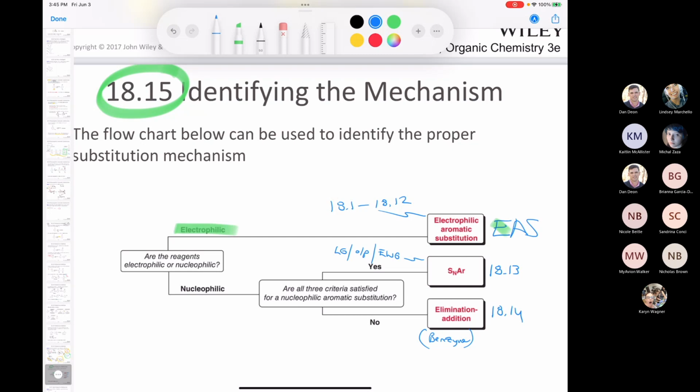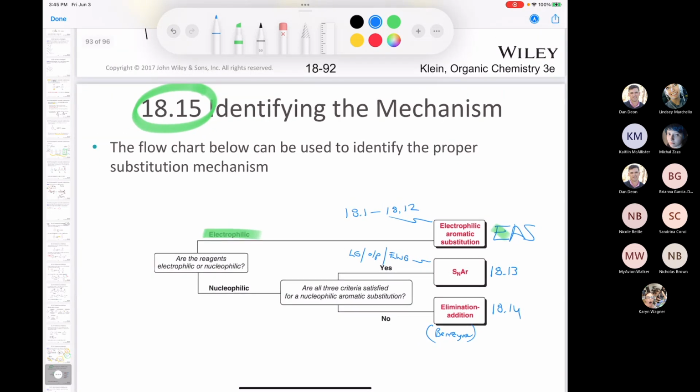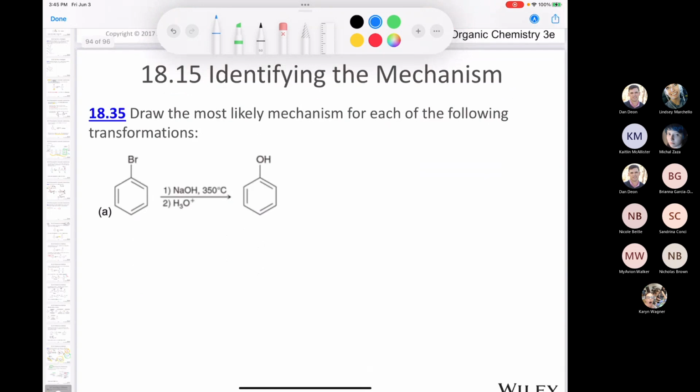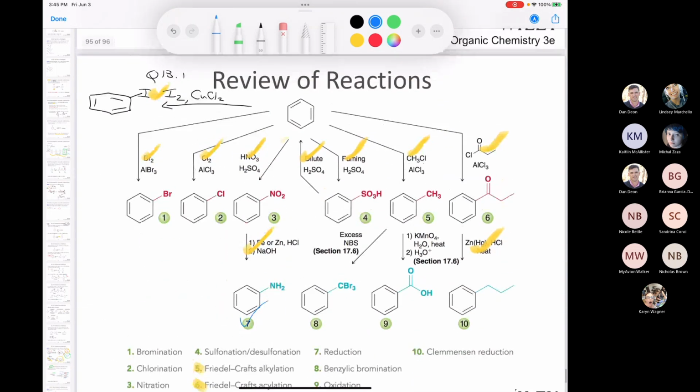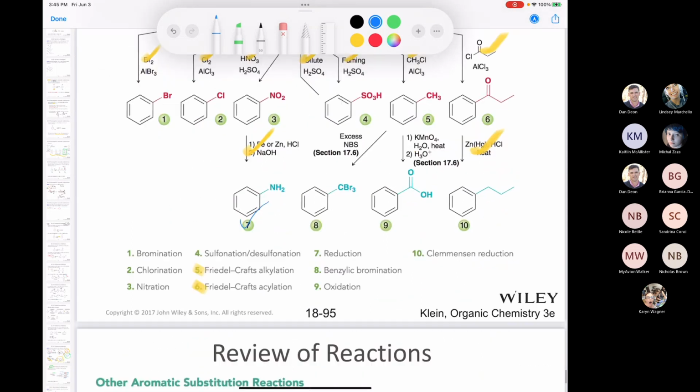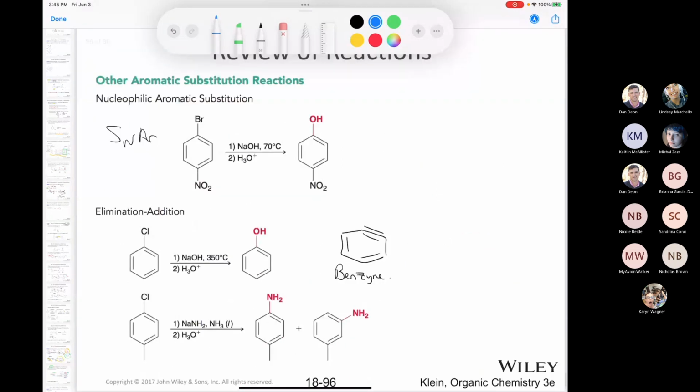All right. Well, that's all of the content of the entire chapter. That's the whole thing. And so I think that maybe we'll skip this one too. And these are all the reactions that we looked at in sections 18.1 to 18.12. Then we covered the section on SNAR.